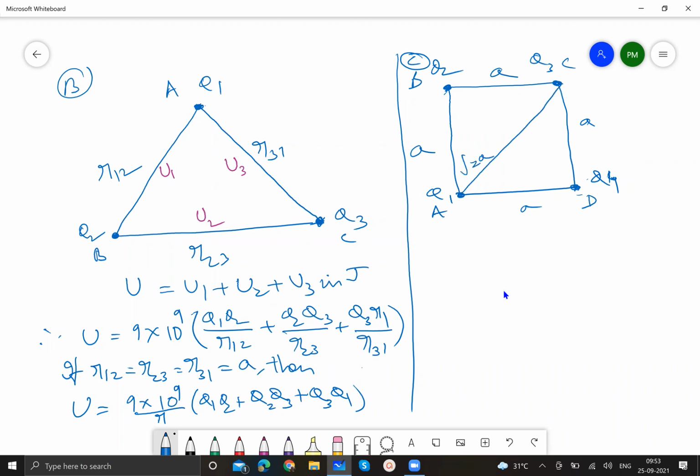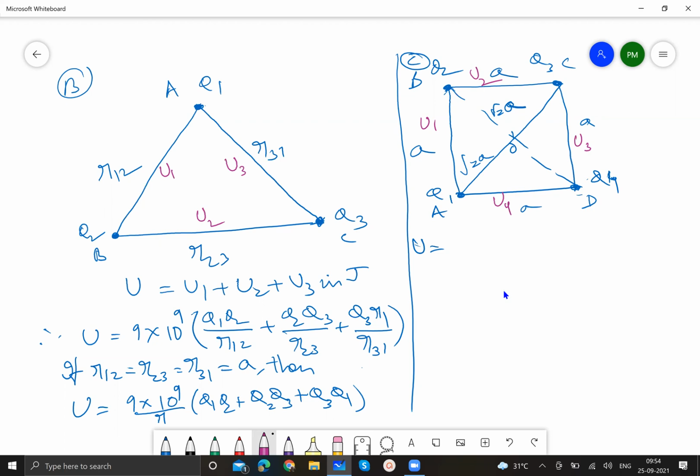Q1, Q3 will be at a distance root 2A, and Q2, Q4 will be at a distance equal to root 2A. So here, every pair of charges should have the potential energy. Q1, Q2 will have the potential energy U1, Q2, Q3, U2, Q3, Q4, U3, Q4, Q1, U4.